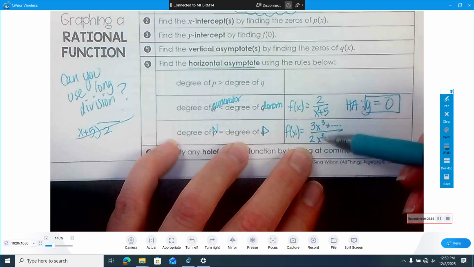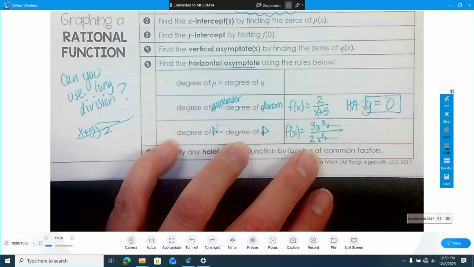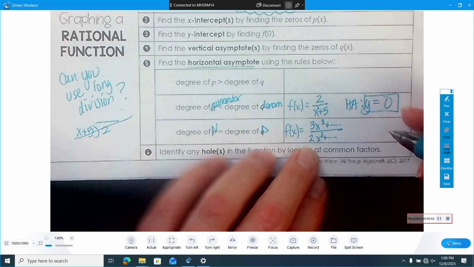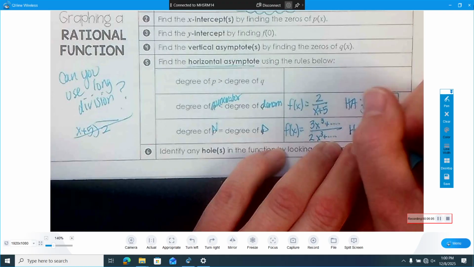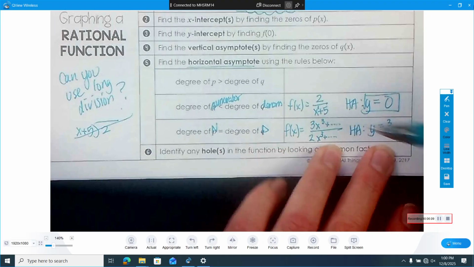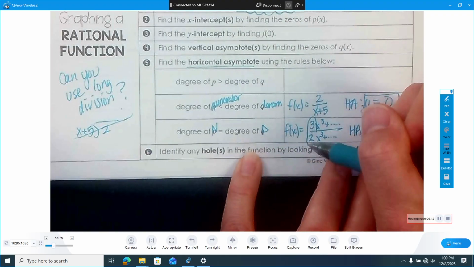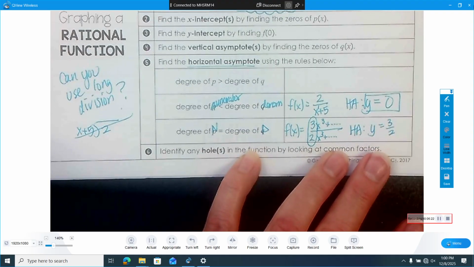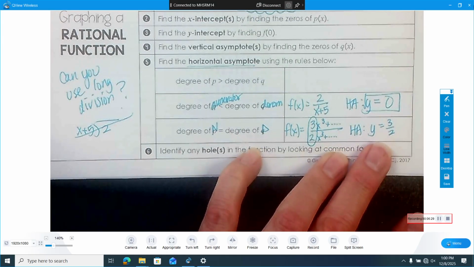The powers match, the degrees match on top and bottom. Well, in this case we could do some long division, and it would be, for our horizontal asymptote, 3 over 2. All we have to do is look at the leading terms. If they match, it reduces is all it does, which is kind of nice. So again, we could do long division if we wanted to, but it's simpler than that, okay?